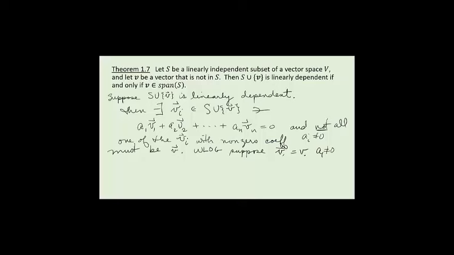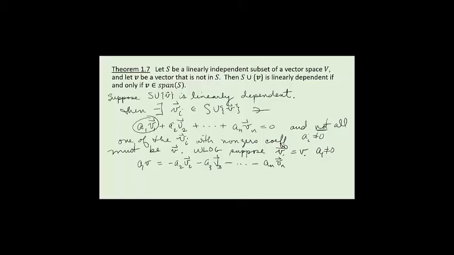Well, that means then that a1 v, which is a1 v1 up here, is equal to minus a2 v2 minus a3 v3 minus dot dot dot minus a sub n v sub n.